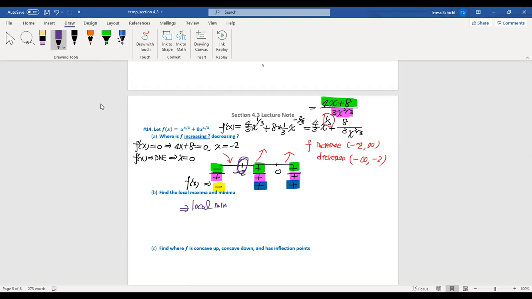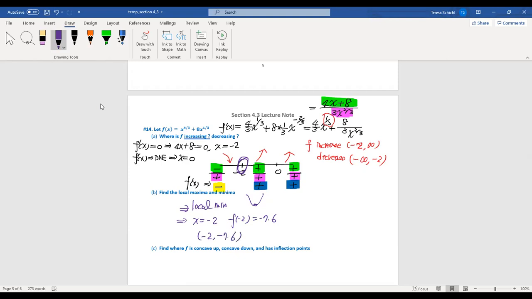So your function goes down like here and then goes up. That's why you have a local min at x equal to -2. If you plug into your function, f of -2, you will get -7.6. So your local minimum is at -2 and -7.6.